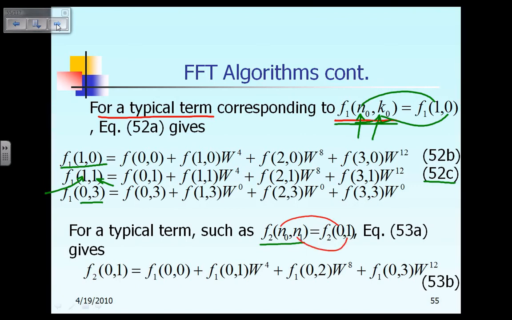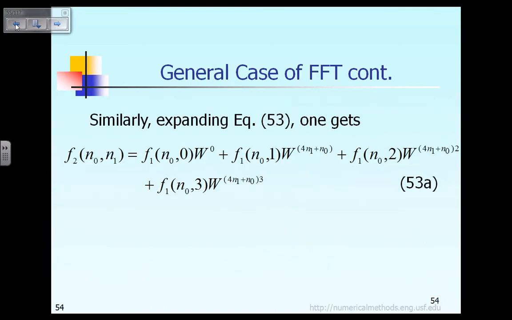If that is the case, then you can calculate f2 of 0, 1 as indicated in equation 53b. That equation 53b, you basically obtain it from equation 53a with the specific values for n0 and n1.